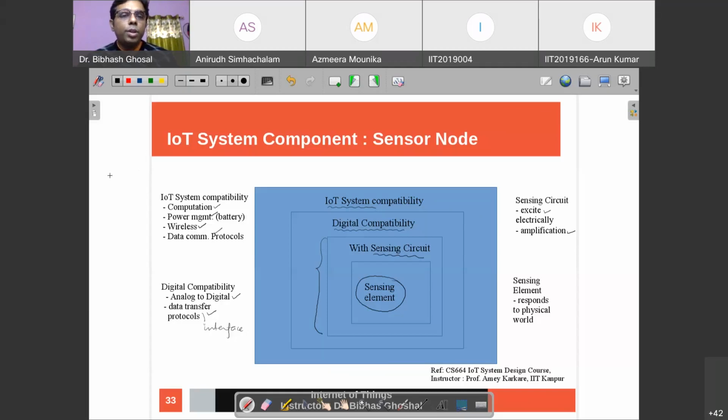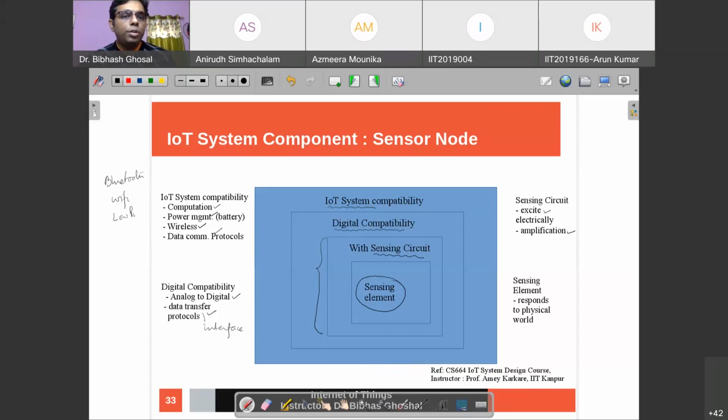And we call them, we'll talk about that later on. We have three kinds of sensor nodes available to us. One uses Bluetooth technology for communication, the other uses a Wi-Fi methodology for communication, and the third one is a low power one.